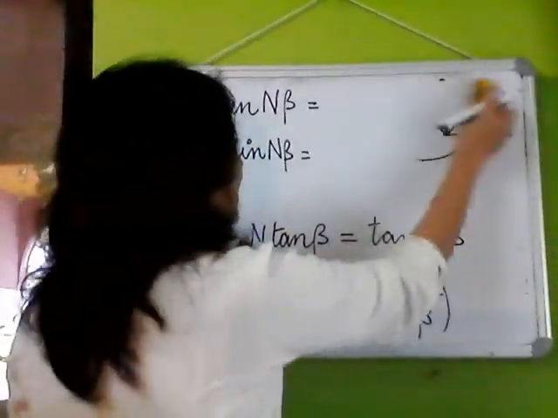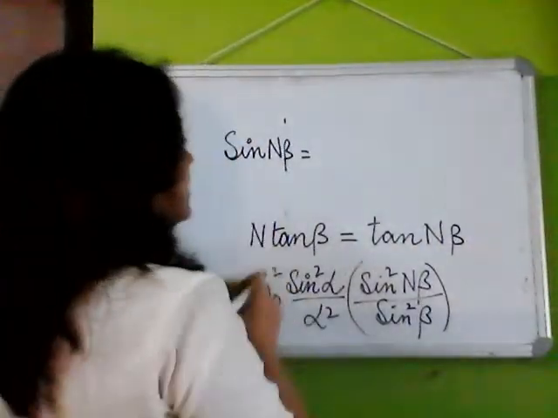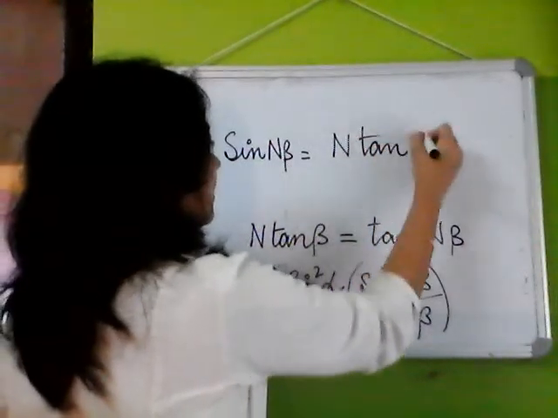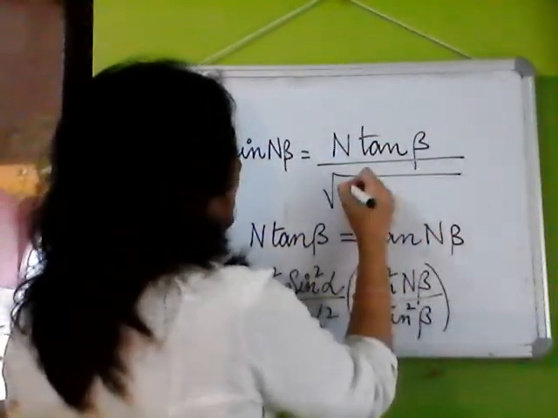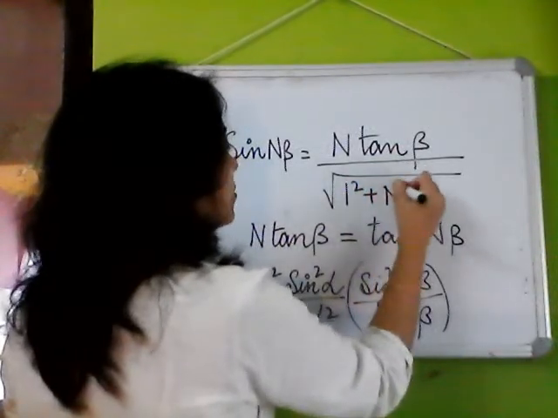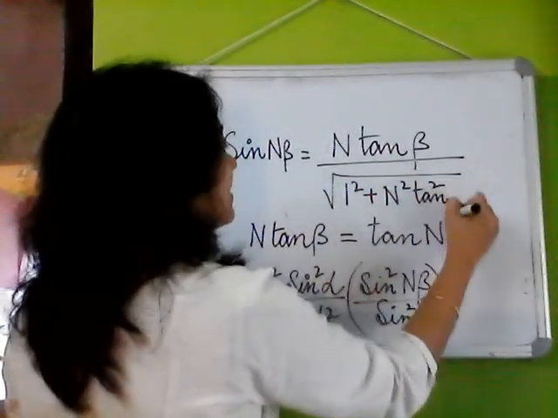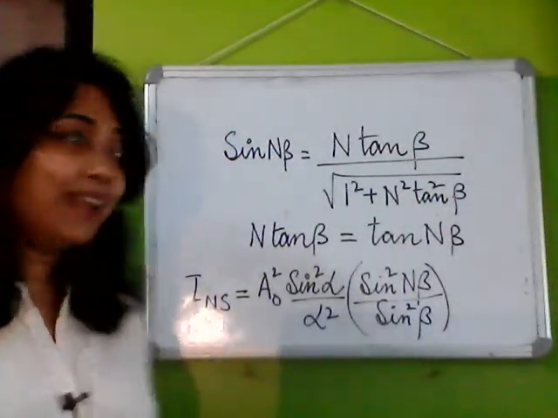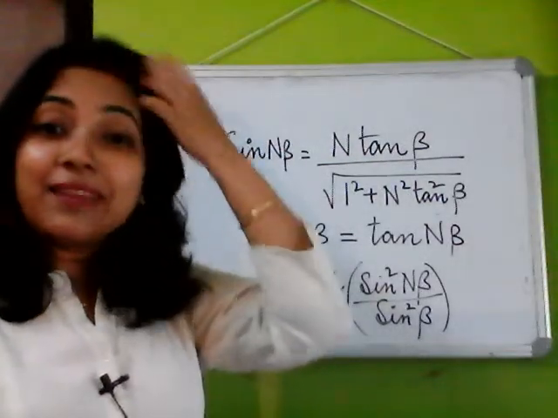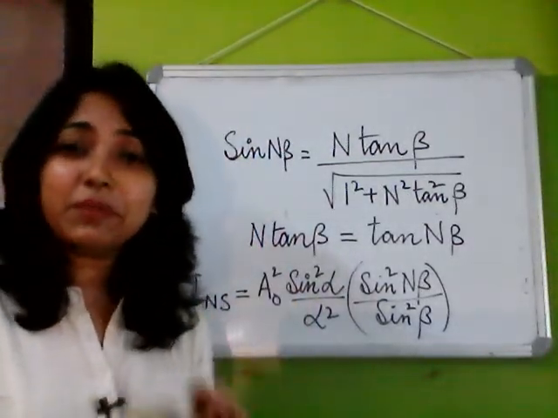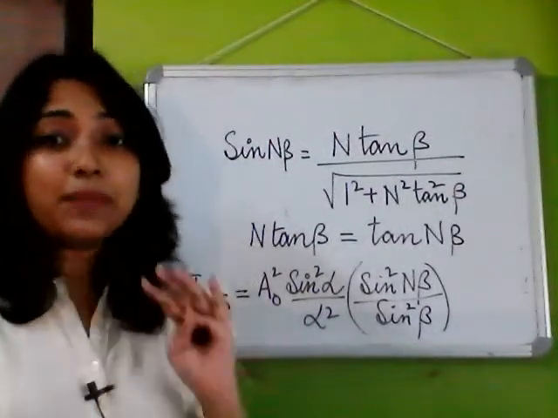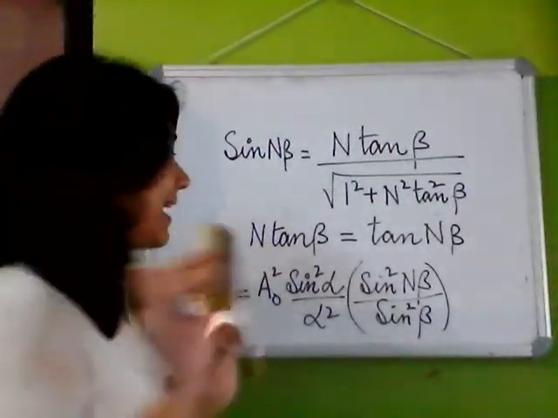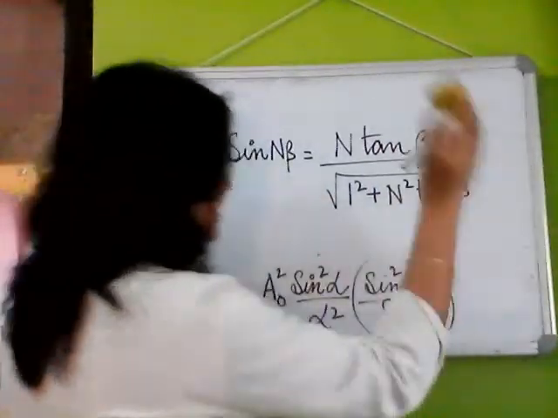So, I can write it as sine n beta is equal to n tan beta by root over 1 square plus n square tan square beta. I hope you all are okay with this part, right? See, telling once again, this mathematics might be a little tedious, might be boring, but please be with me. Please patiently do this so that you will be getting a very, very nice result at the end. So, this is the scenario.